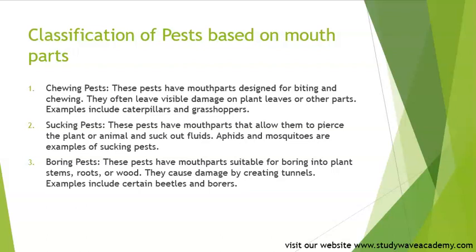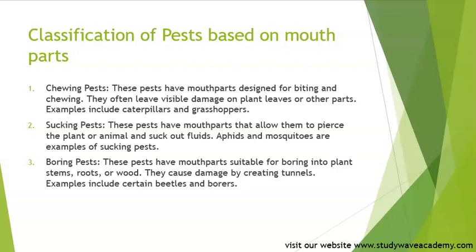Okay, so pests in agriculture come in different forms, and one way to understand them is by looking at their mouth parts and how they eat. We have learned that there are three main groups of pests based on their mouth parts. The chewing pest has mouths for biting and chewing, causing visible damage to plants.